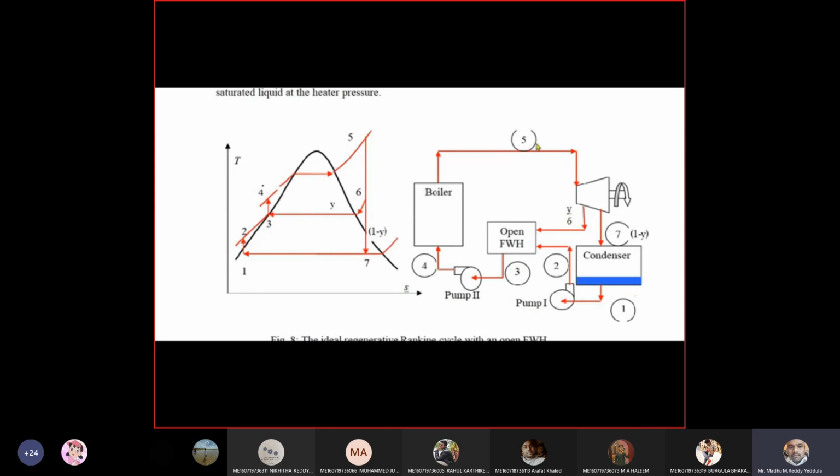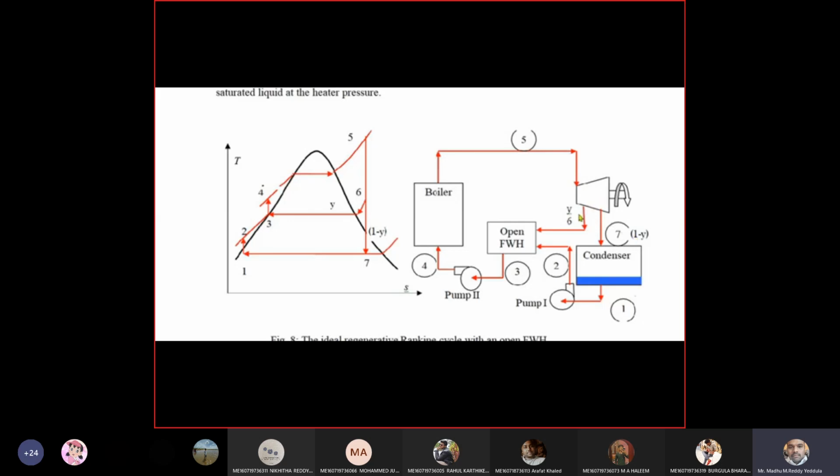So from 1 kg we are trapping y kg of the steam after expanding partially. Now what is the steam left out if you trap y kg from 1 kg? 1 minus y kg is left, that is allowed to expand completely. Got the point? For example, I am taking 1 kg. In that 1 kg, y kg is allowed to expand till 6. The remaining 1 minus y kg is allowed to expand till 7.